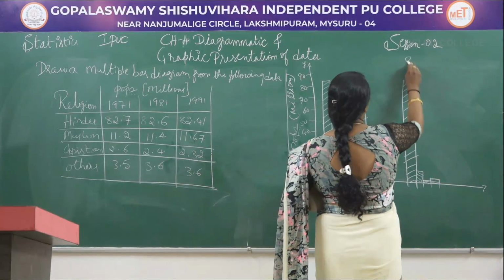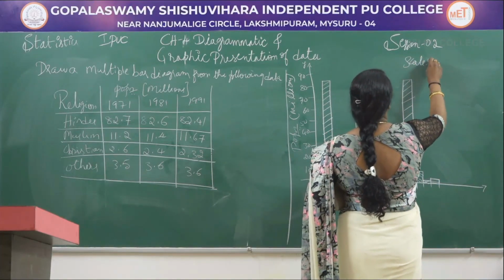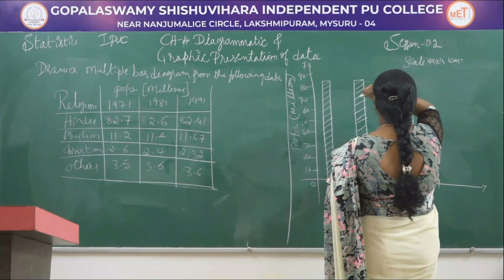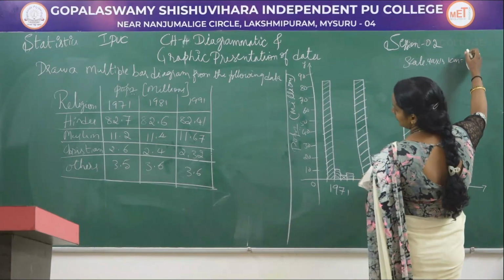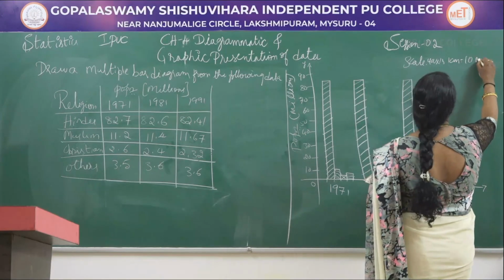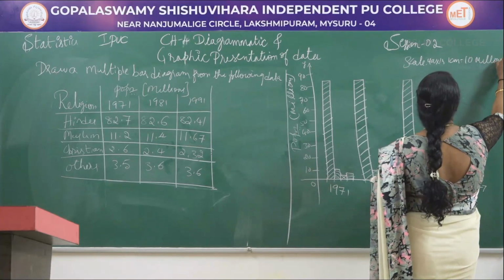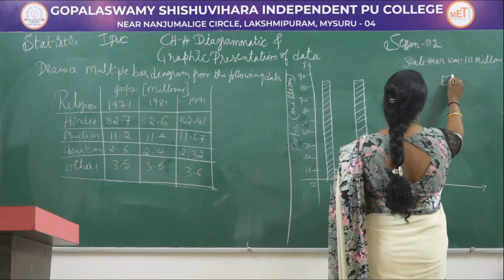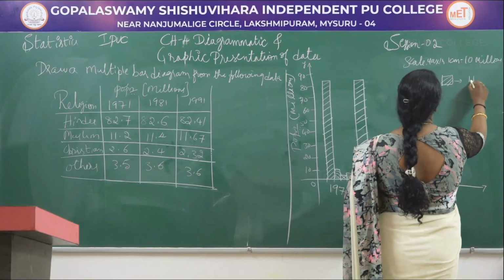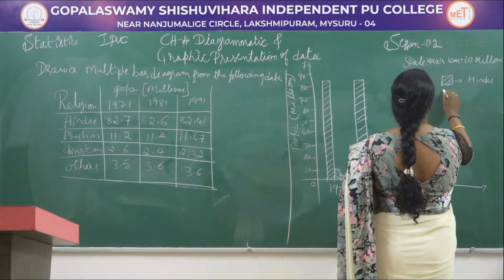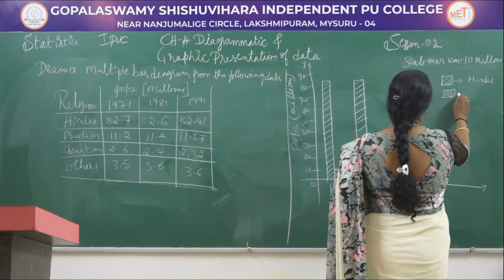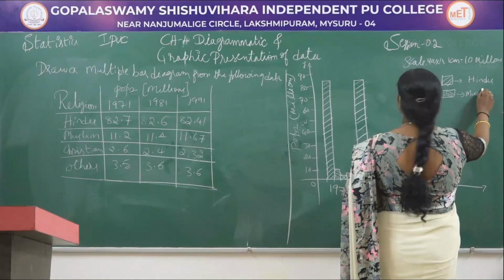So now I have to write the scale and the index. Scale: y-axis 1 centimeter is equal to 10 millions. And for the index I should write, this shade is Hindu. Next another shade, this is Muslim.